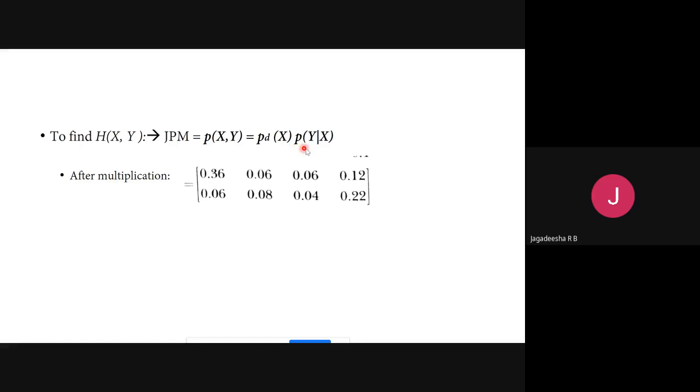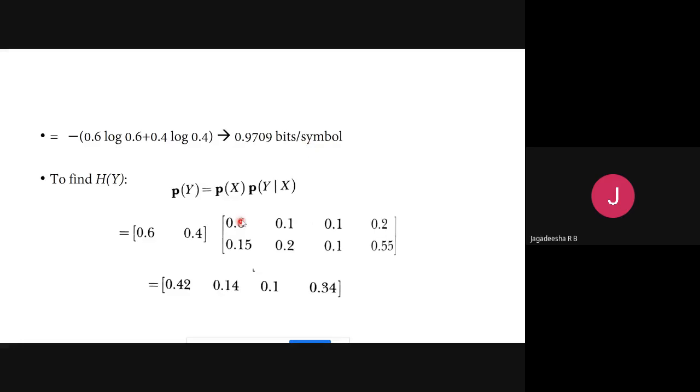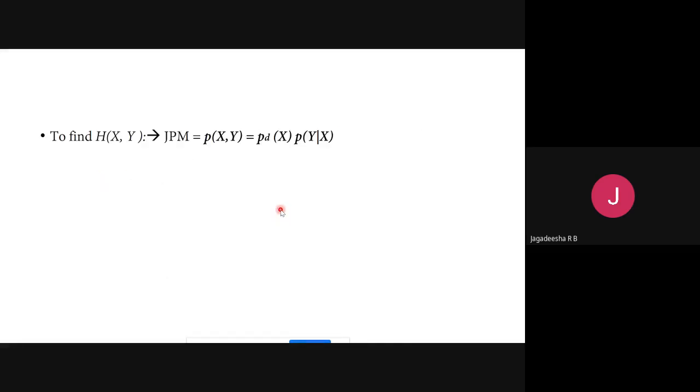Hope this step is clear to everyone. So we know P of Y given x, and also the diagonal matrix.